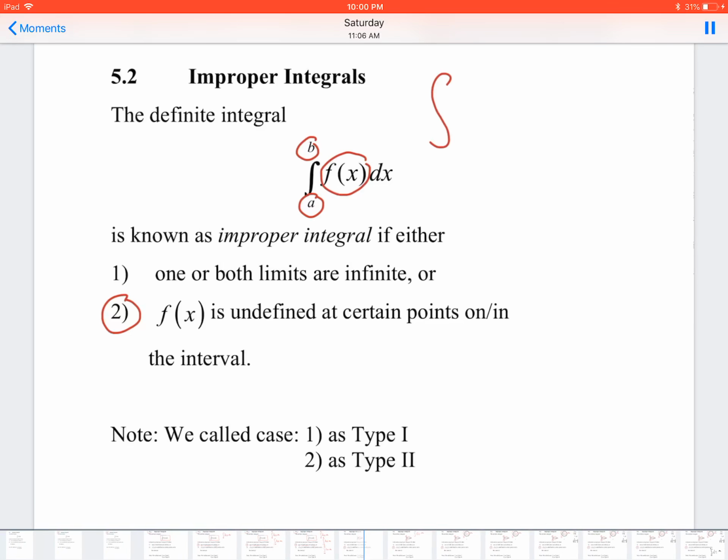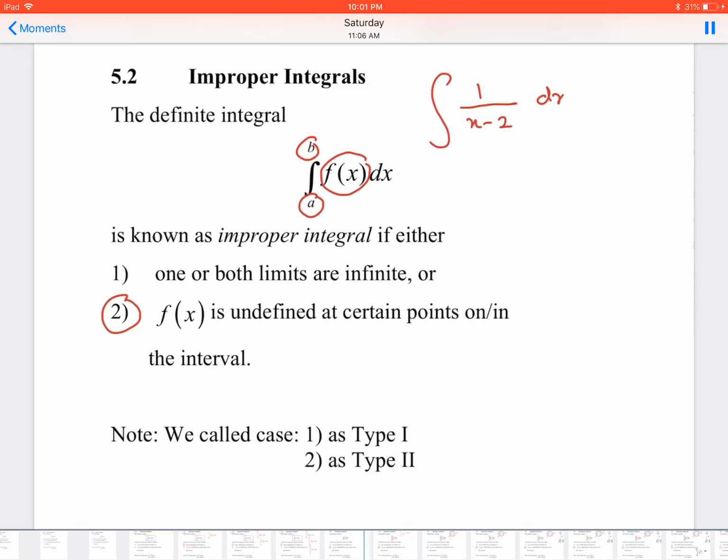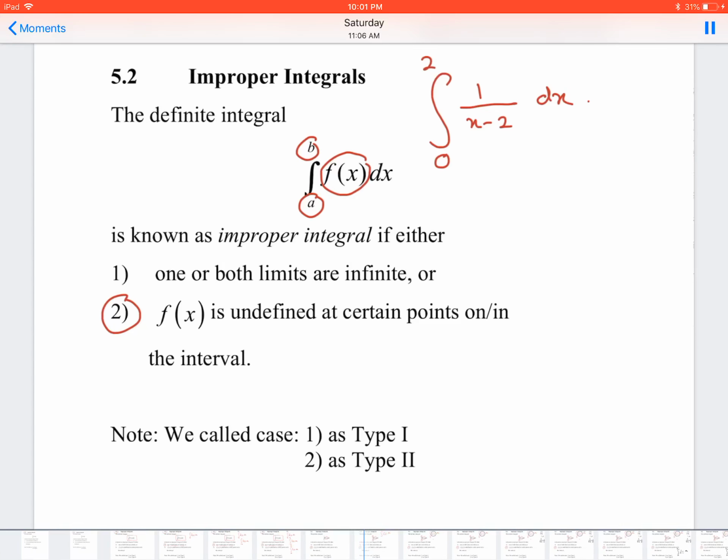For example, you want to integrate 1 over x minus 2 with respect to x, from 0 to 2. Look at the limits here, they're okay, right? 0 and 2 are definite values, real numbers.